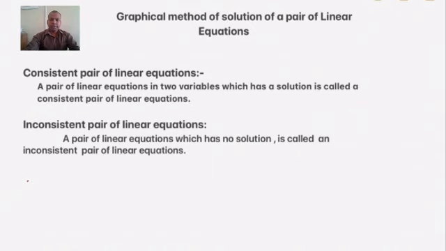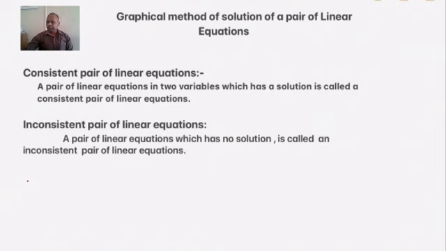A pair of linear equations which are equivalent has infinitely many distinct common solutions. Such a pair is called a dependent pair of linear equations in two variables. And note that a dependent pair of linear equations is always consistent.